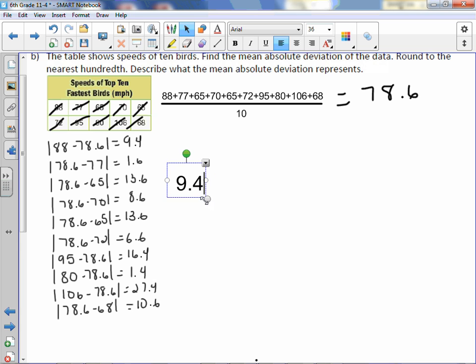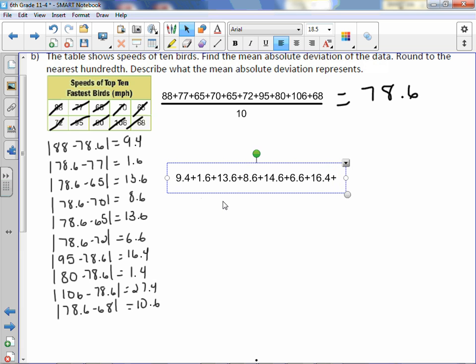9.4, let me go ahead and make this smaller already. 9.4 plus 1.6 plus 13.6 plus 8.6 plus 13.6 plus 6.6 plus 16.4 plus 1.4 plus 27.4 plus 10.6. Let me make sure I have 10 numbers. 1, 2, 3, 4, 5, 6, 7, 8, 9, 10.